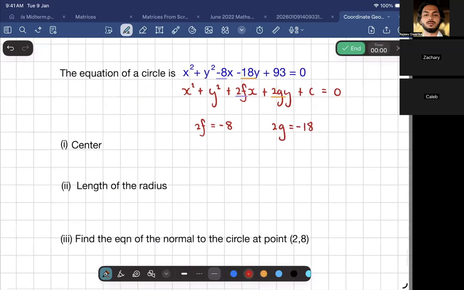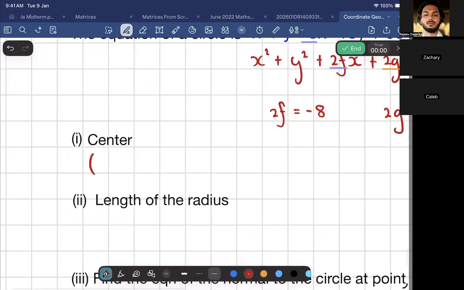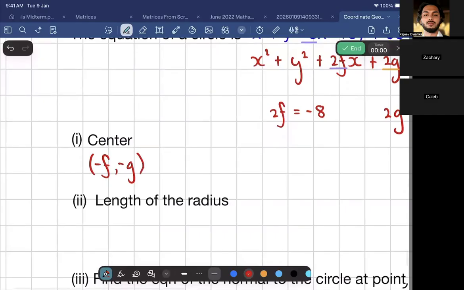Now, why are we doing this? Well, the center of the circle is given by what? What gives me the center of a circle? -f, -g. Minus f, comma, minus g. Yes. So if I want to figure out the center of the circle, I need to figure out what f and g are first and then negate whatever I get. When I say negate, I just mean change the sign.